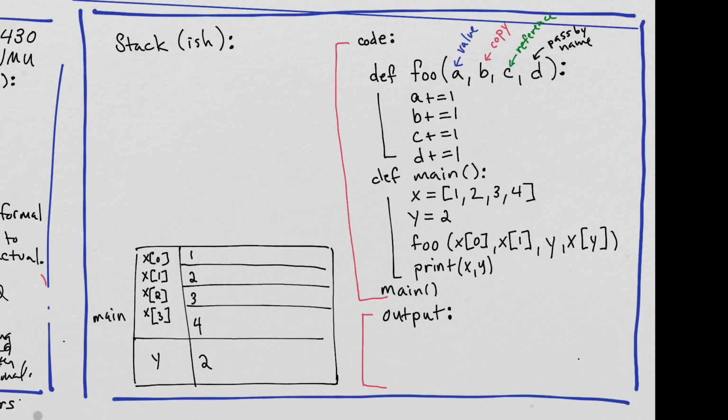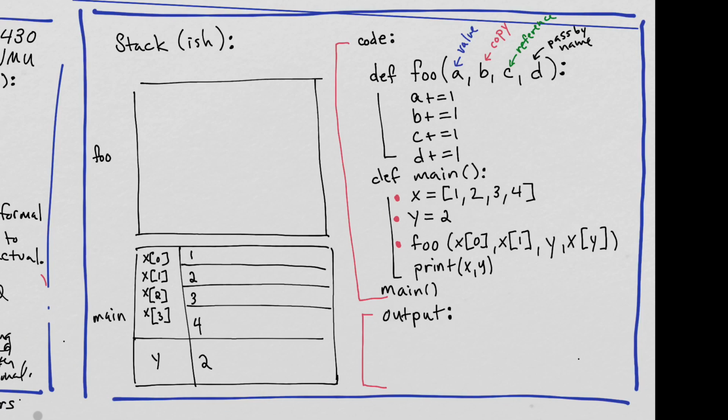And so that takes care of line 1 and line 2 of main, and so now we are going to call foo. In order to call foo, we need to set up a stack frame for foo. And foo has a, which is passed by value, and so if we look at what the actual parameter is that we're passing into the formal parameter a, we're passing the value of x sub 0, which is simply 1.